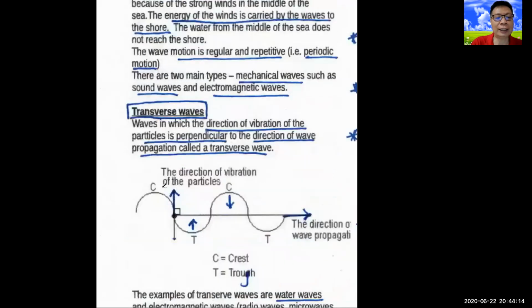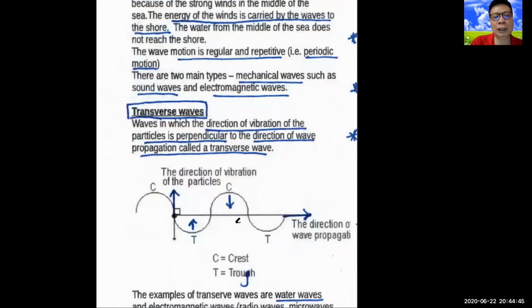For example, I take this example of water wave. The water wave is going up and down like this, right? When this water wave is moving, the energy is transferred. But this molecule here is not moving. It only goes up, goes down, vibrating only. Only the energy transfers from left to right.